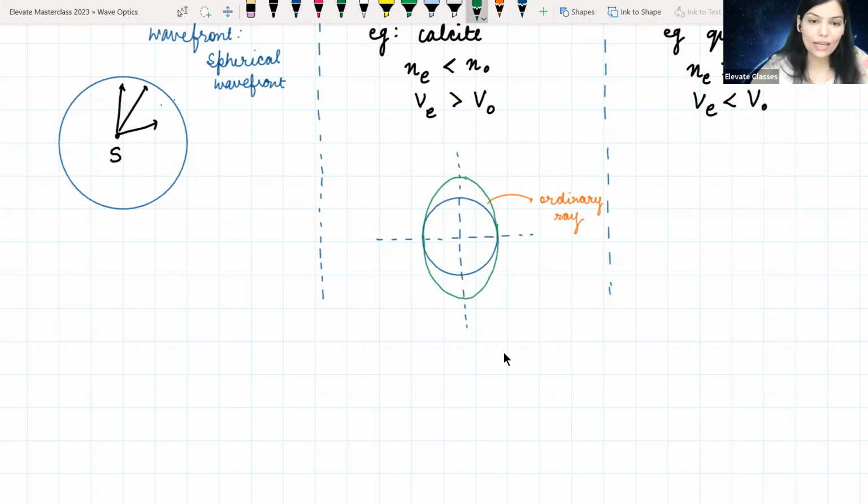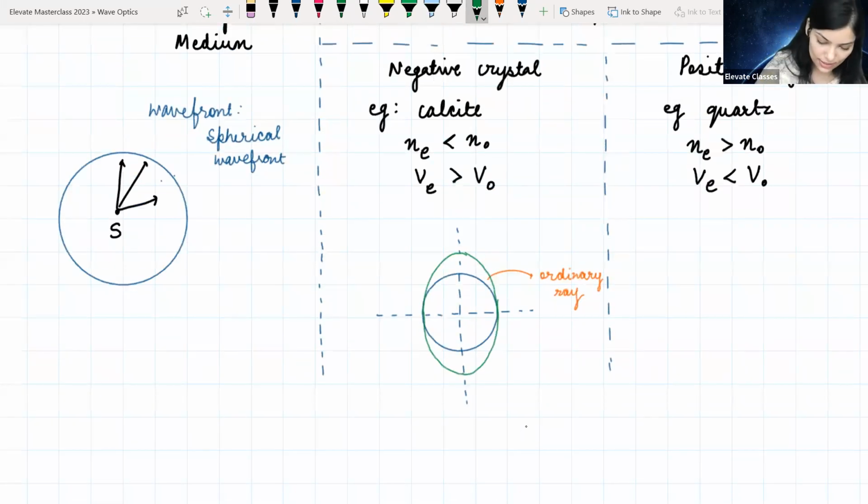But now why have I drawn it like this? The reason is because I didn't tell you initially, I am choosing that this is my optic axis. Okay, so now this figure is correct. So when I'm choosing this as my optic axis, तो अभी हमने discuss किया था that when cos theta is equal to 1, that is theta is equal to 0, this corresponds to the E ray moving parallel to the optic axis.